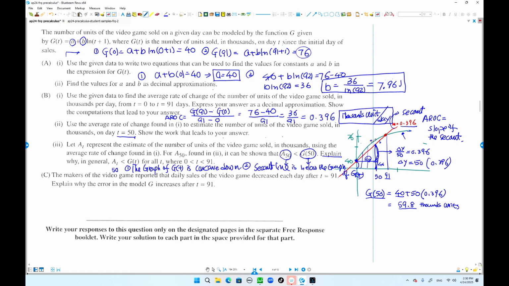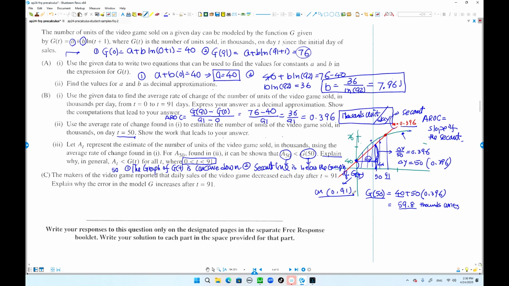Always below that graph of G(t), where t equals 0 to 91. Okay, maybe you could write down G(t), or you can use on 0 to 91, right? That's the interval. Okay, that's why the predicted value is always less than the actual value. Okay, you can explain like that.